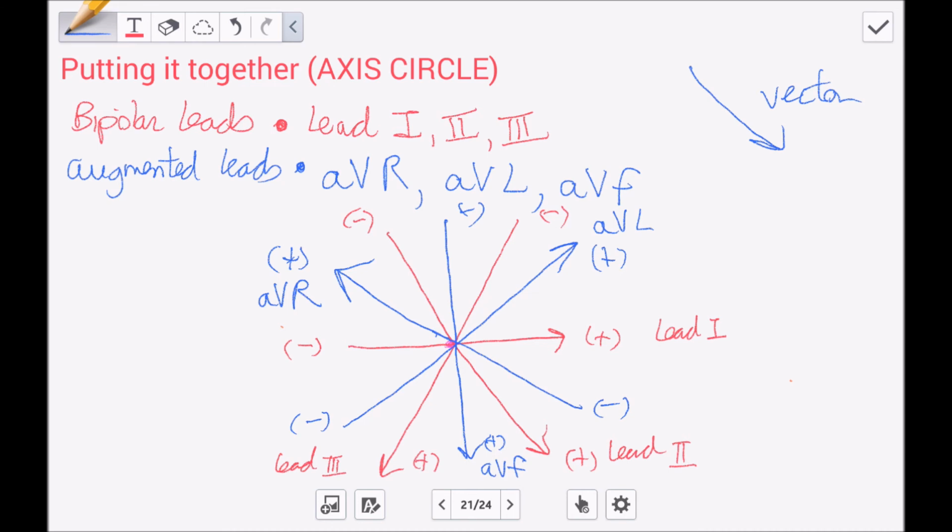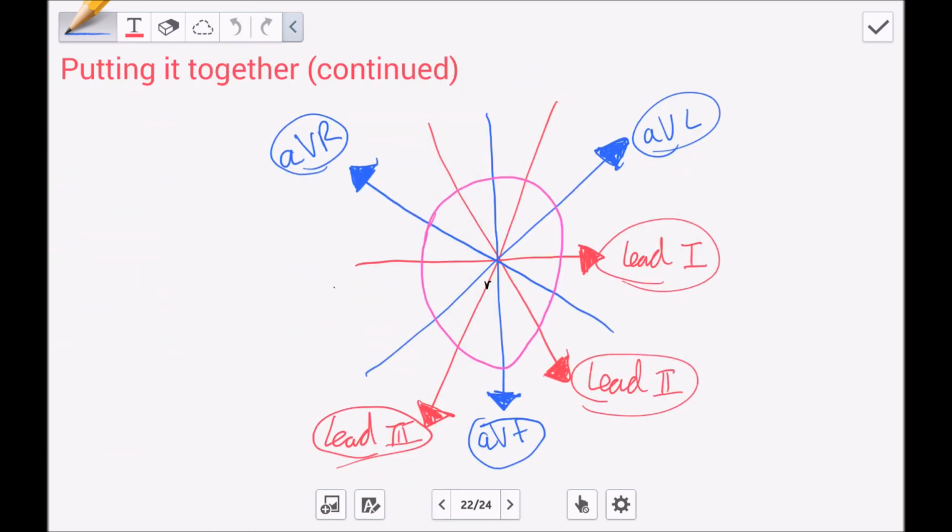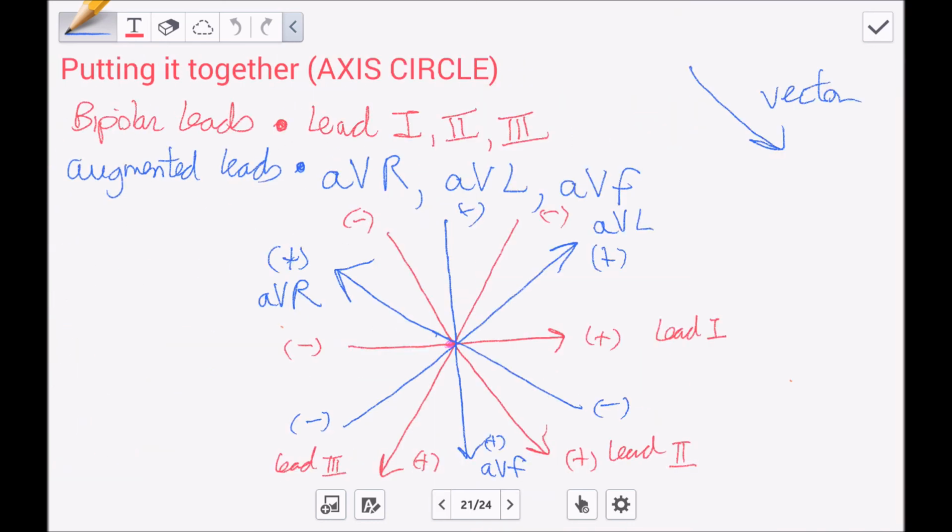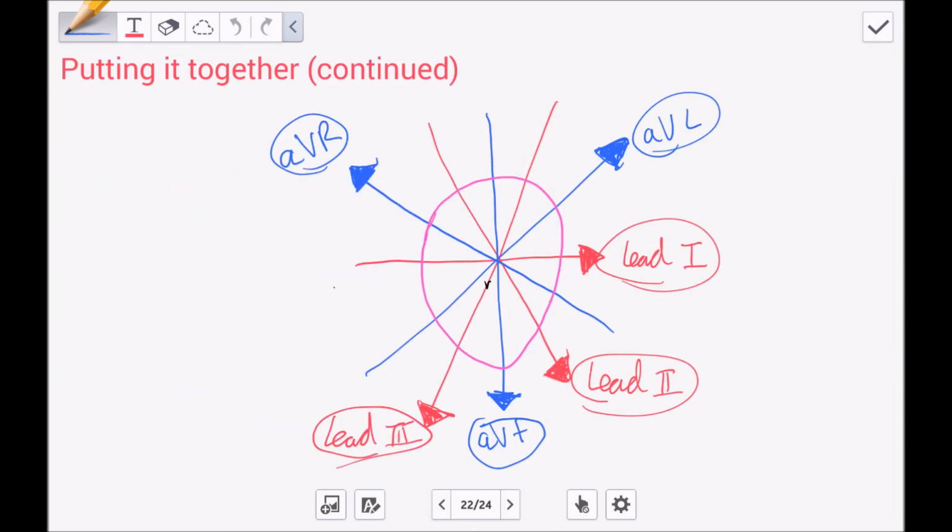So next we're gonna put it together. This is just an exact copy of this thing here. All right. The pink I just drew in there just to symbolize the heart. Okay. So we are going to put it all together.